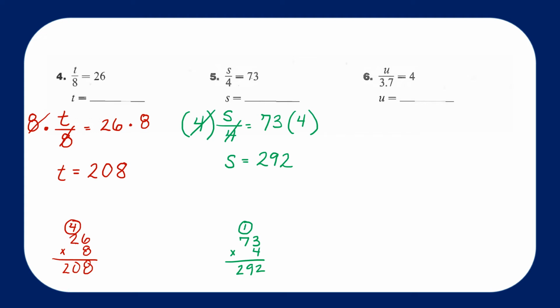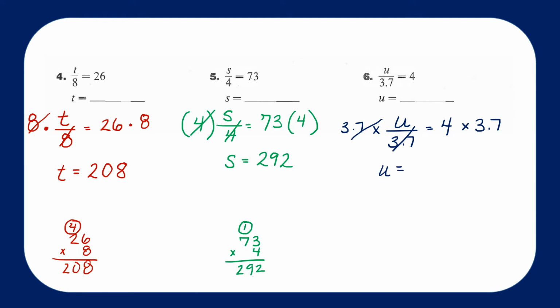Question number 6. U divided by 3.7 equals 4. Another way to show multiplication is with a times sign. So we can multiply with an actual multiplication sign as well. Divide by 3.7, multiply by 3.7, cancels each other out.